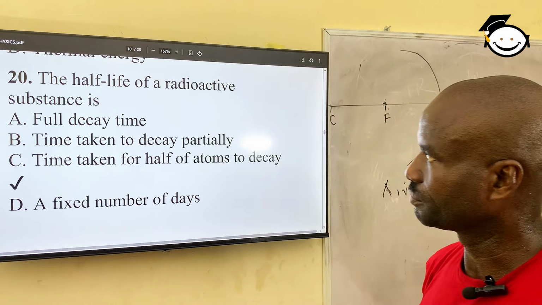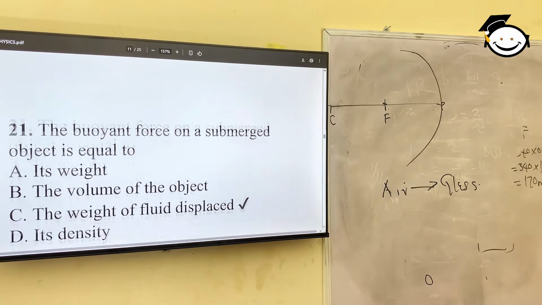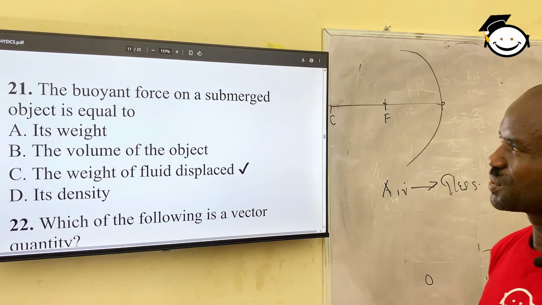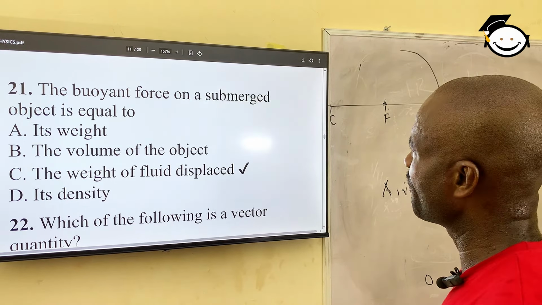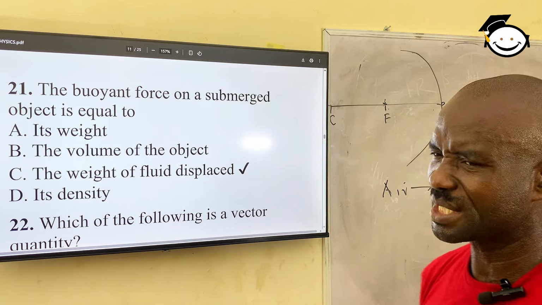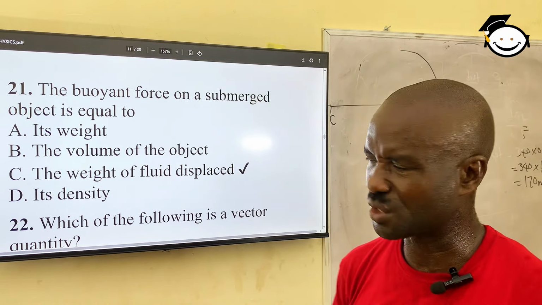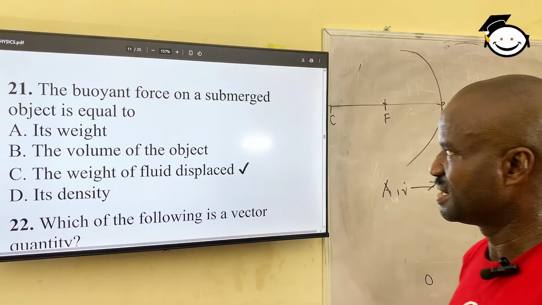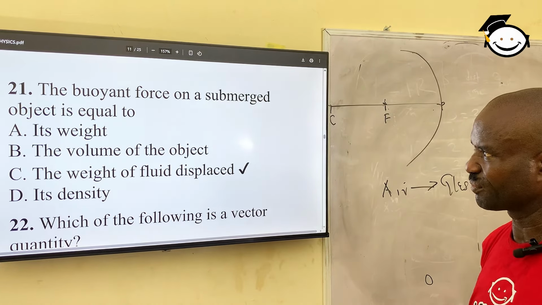Question 21 says, the buoyancy force on a submerged object is equal to what? When you say buoyancy, we mean the force of floating. This is the law of flotation.